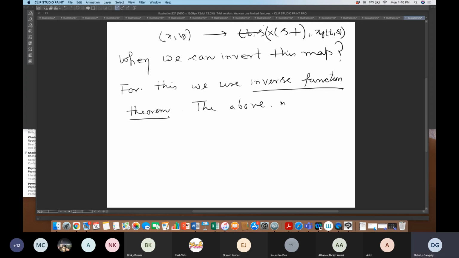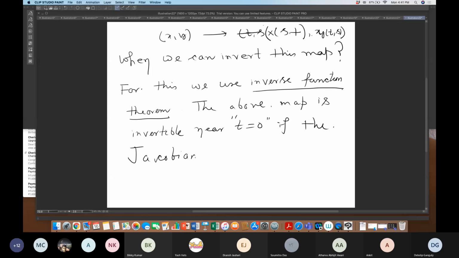The above map is invertible near time t equal to 0 if the Jacobian is not 0 at time t equal to 0.